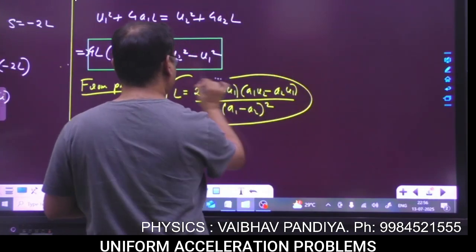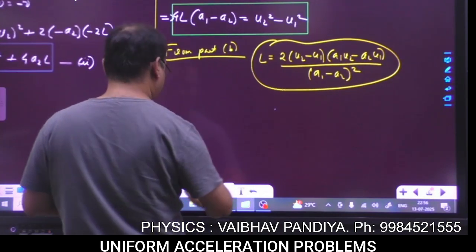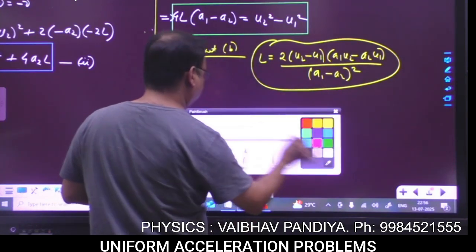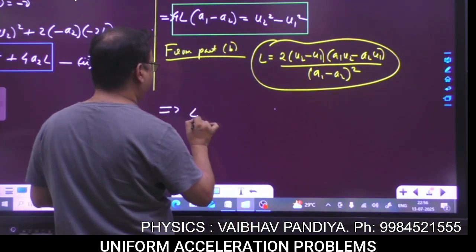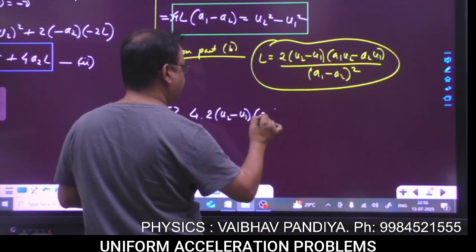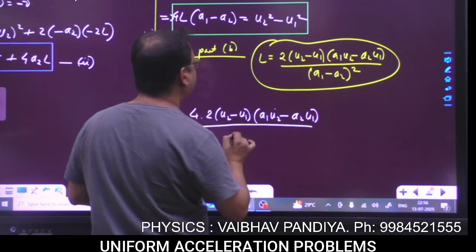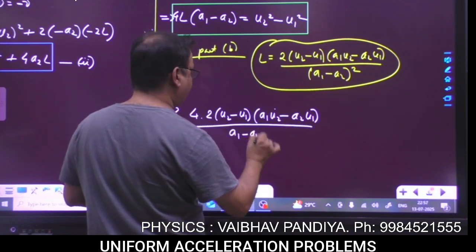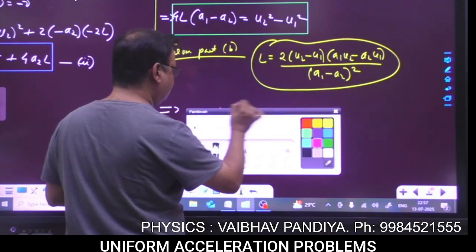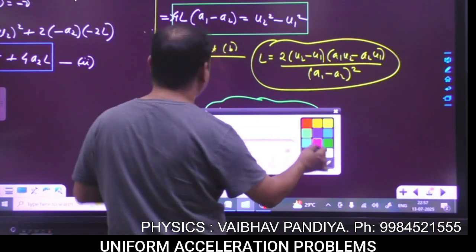Okay, and this you can put in this part of the equation. So it implies that 4 times L, that is, twice of U2 minus U1, A1 U2 minus A2 U1 divided by A1 minus A2 whole square, is the value of L, correct? Obtained from part B. And what is with L?